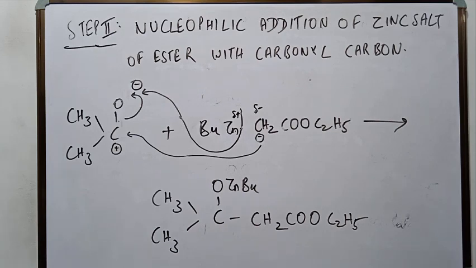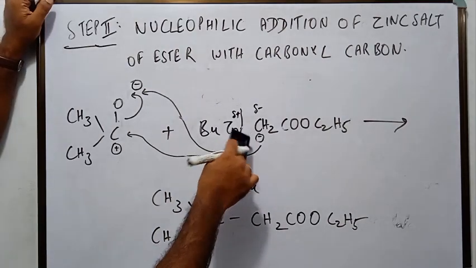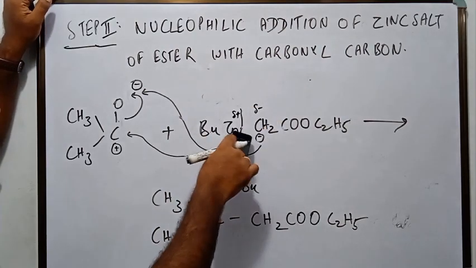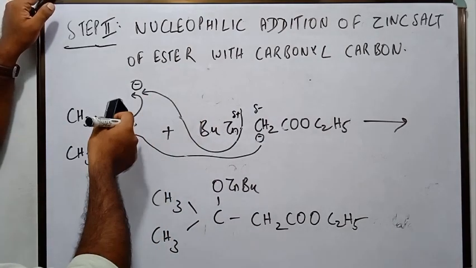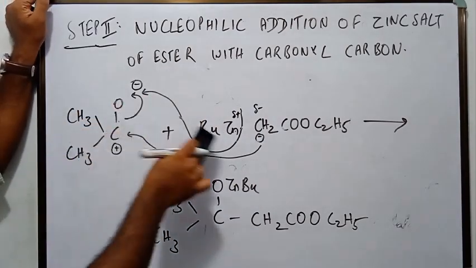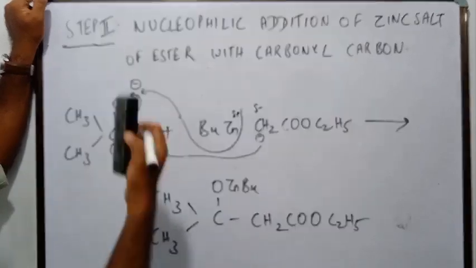I hope it is clear. I have told you earlier, it's the character of zinc. Zinc is highly electropositive, so it goes to a more electronegative atom. Here oxygen is more electronegative. It can accept zinc much more than carbon.